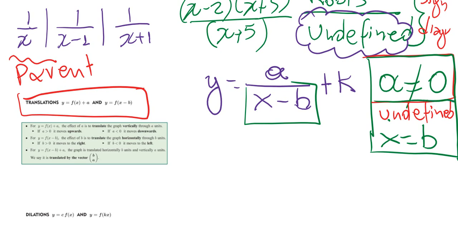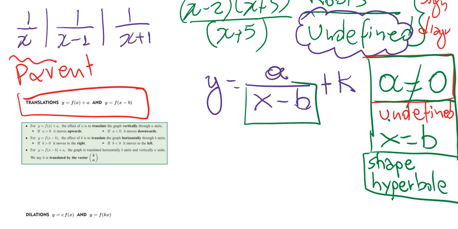What else I want you to remember? I want you to remember the shape. The shape of this function is a hyperbola, not a parabola, a hyperbola. So what does hyperbola mean? Very important for you to remember. It is something like this and like this.